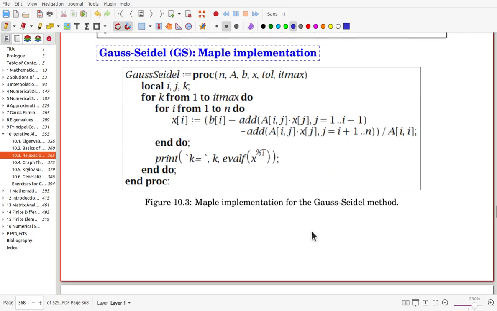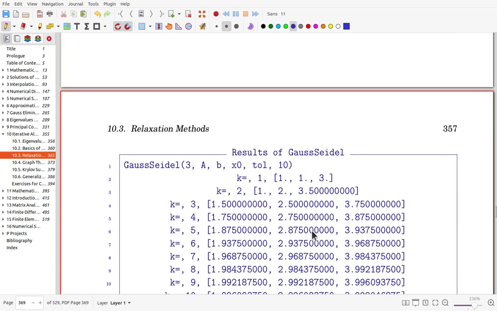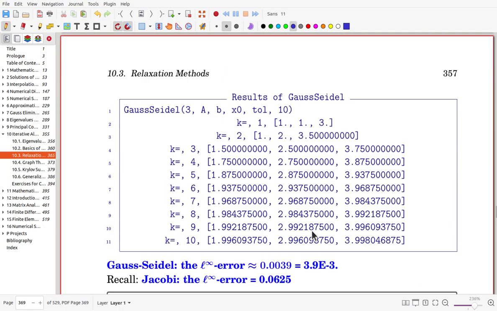Let's see the performance of the method. Now, for this Gauss-Seidel method, the same matrix, same initialization, same 10 iterations. Then here, we reach an error of 0.0039, so it's way smaller.